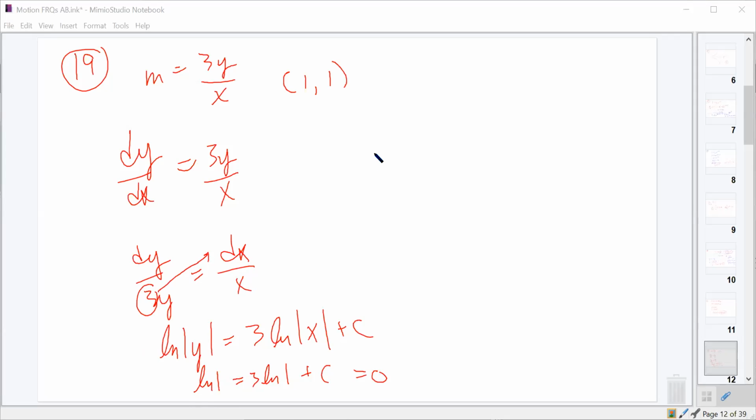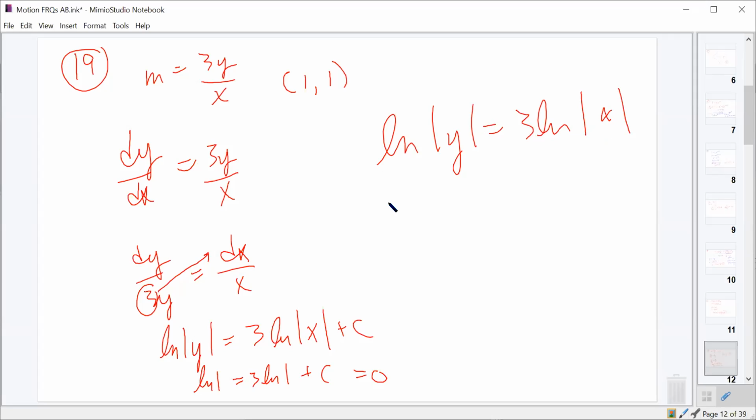So we'd have natural log absolute value y equals 3 natural log absolute value of x. Since we know that we have a discontinuity at x equals 0, and our values here are positive, x and y are both always going to just be positive.